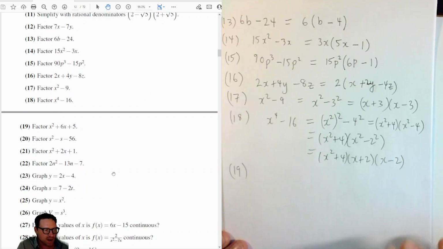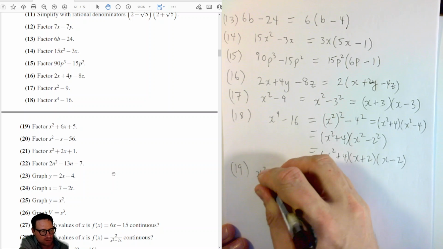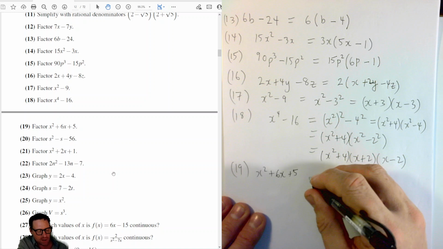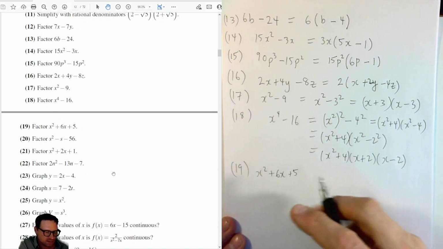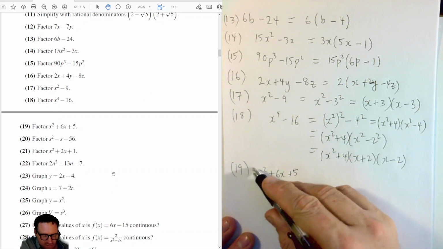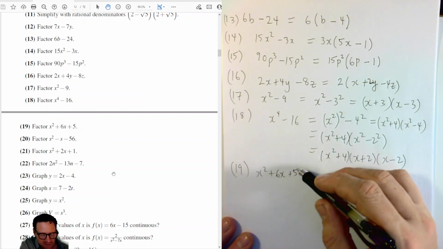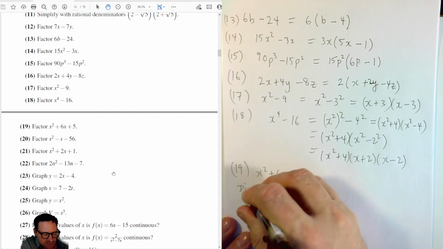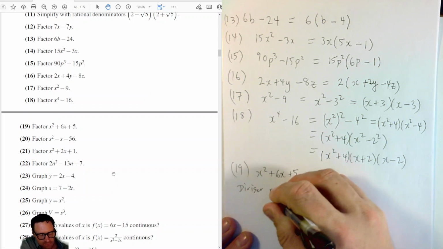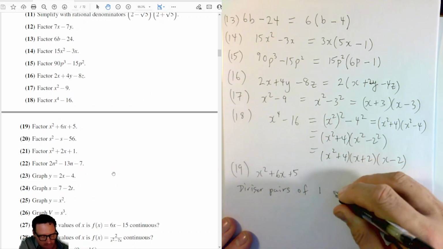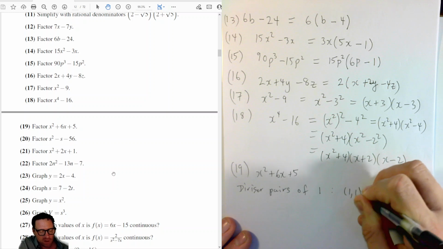Okay, question 19. Factorize x squared plus 6x plus 5. Now what I'm going to do here is notice the divisor pairs of the coefficient on the x squared and the last coefficient. So I'll write this: divisor pairs of 1, we just have 1 and 1.